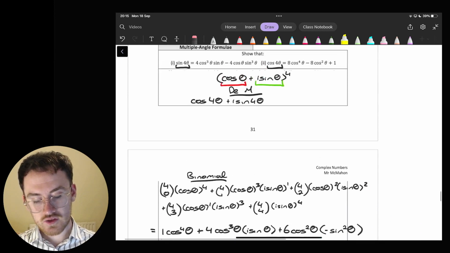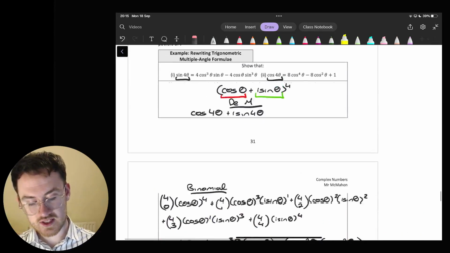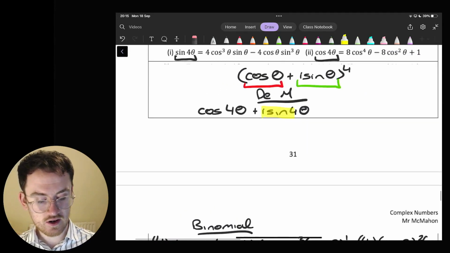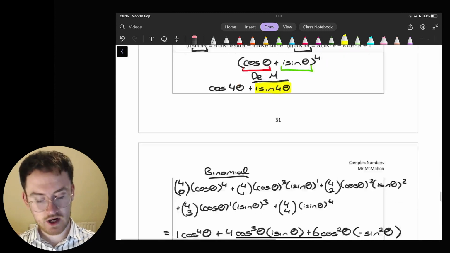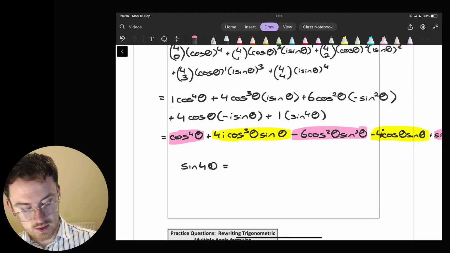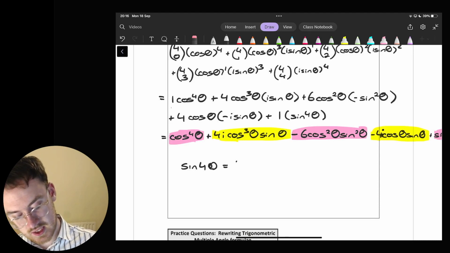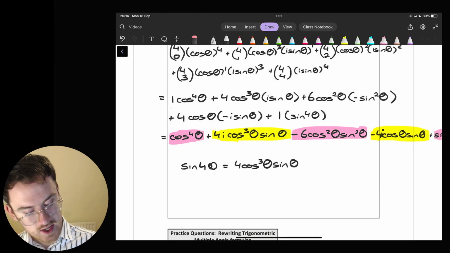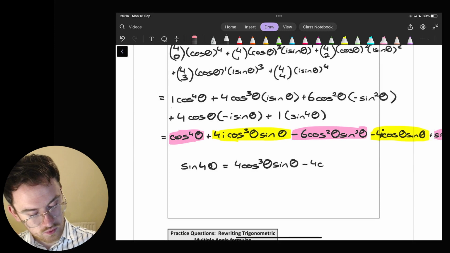Okay, so first of all, we're looking for sine 4 theta. If we look at our original expansion, that's going to be an imaginary part. So let's equate those parts. We get sine 4 theta equals, and we're not including the i, so we're just taking everything except the i parts. So this part here, 4 cos cubed theta sine theta minus 4 cos theta sine cubed theta.